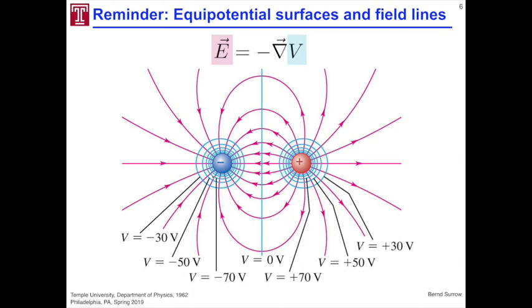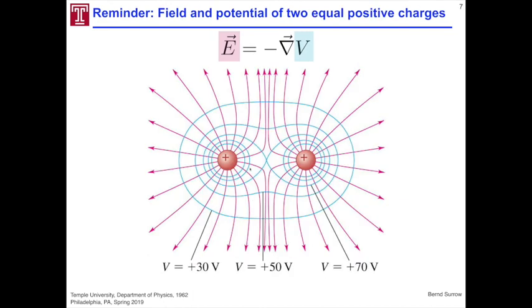Another thing which I want to point out here, this is a mathematical detail, is that field lines and equipotential lines are at every point in space perpendicular to each other. So here's a positive and a negative charge, a dipole, and here you see two same-sign charges, plus plus, the electrical field lines and the respective equipotential lines.